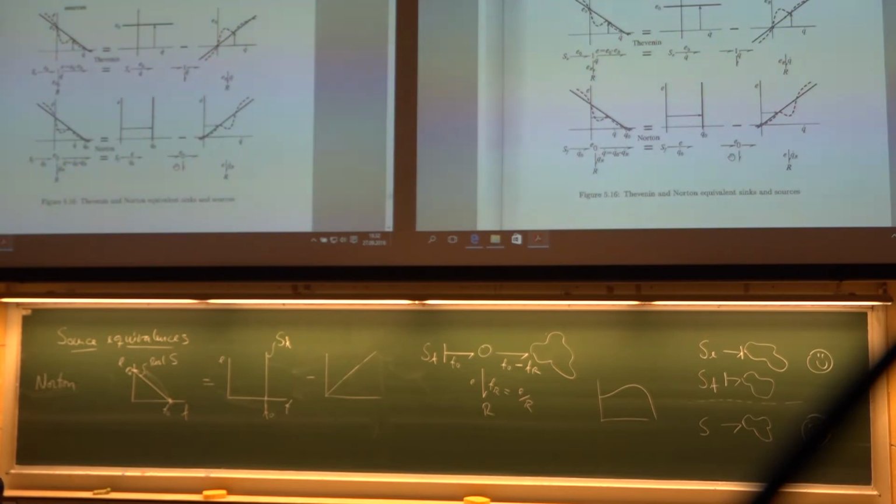Any questions to that one? Also, this one, of course, doesn't have to be a straight line, it can be a more or less complex function. Then this resistance here is not constant, it has to be the same function to get the correct behavior.